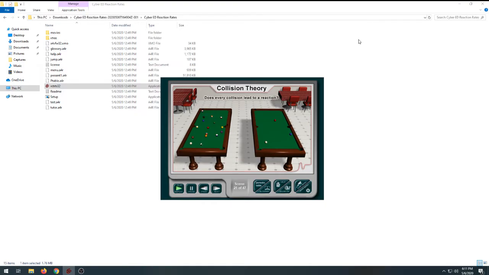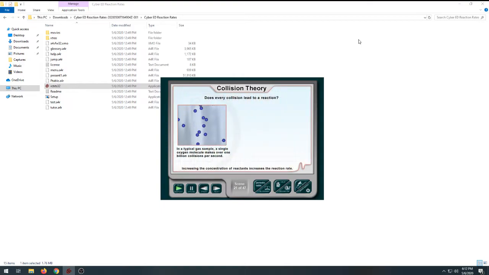As you have just seen, increasing the concentration of reactants increases the reaction rate. The demonstration with the pool tables showed that there are more collisions occurring among molecules at higher concentration. But does every collision lead to a reaction? The answer for the majority of reactions is no. In a typical sample of gas at standard temperature and pressure, a single oxygen molecule makes over 1 billion collisions per second.